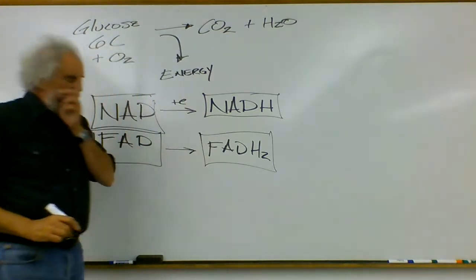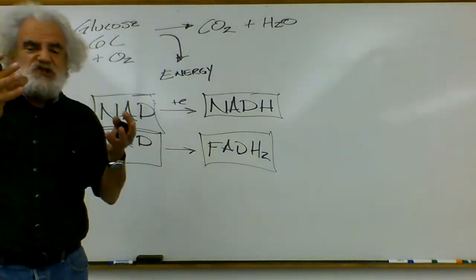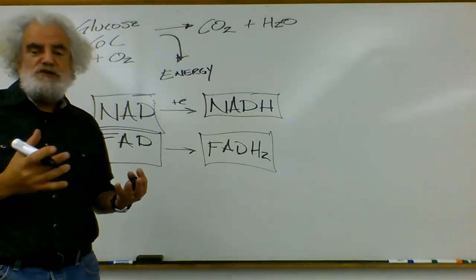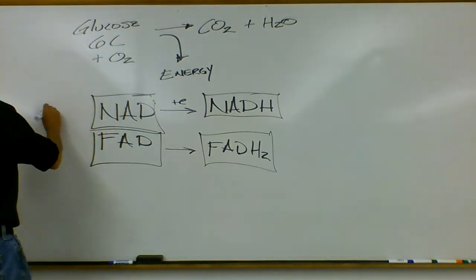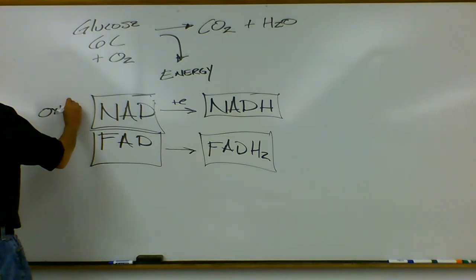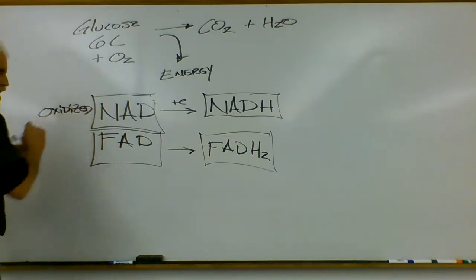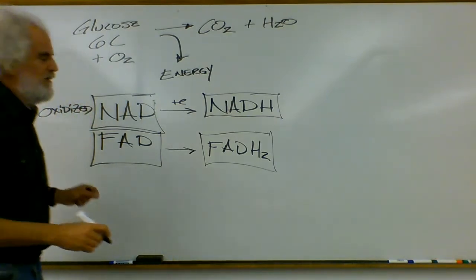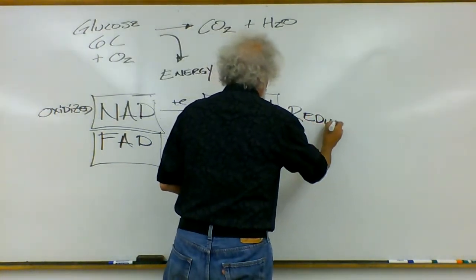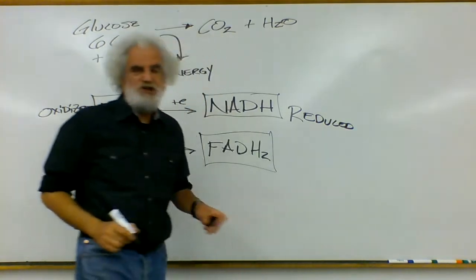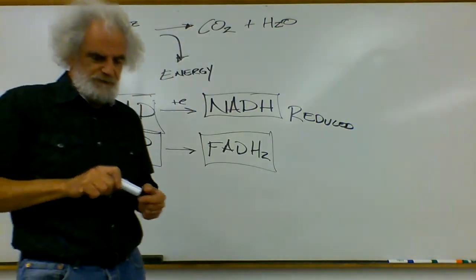Okay? So that is the two states or two forms of these electron acceptors. They can either be in the oxidized state, in which they can pick up electrons, or they can be in the reduced state, in which they have gained electrons.